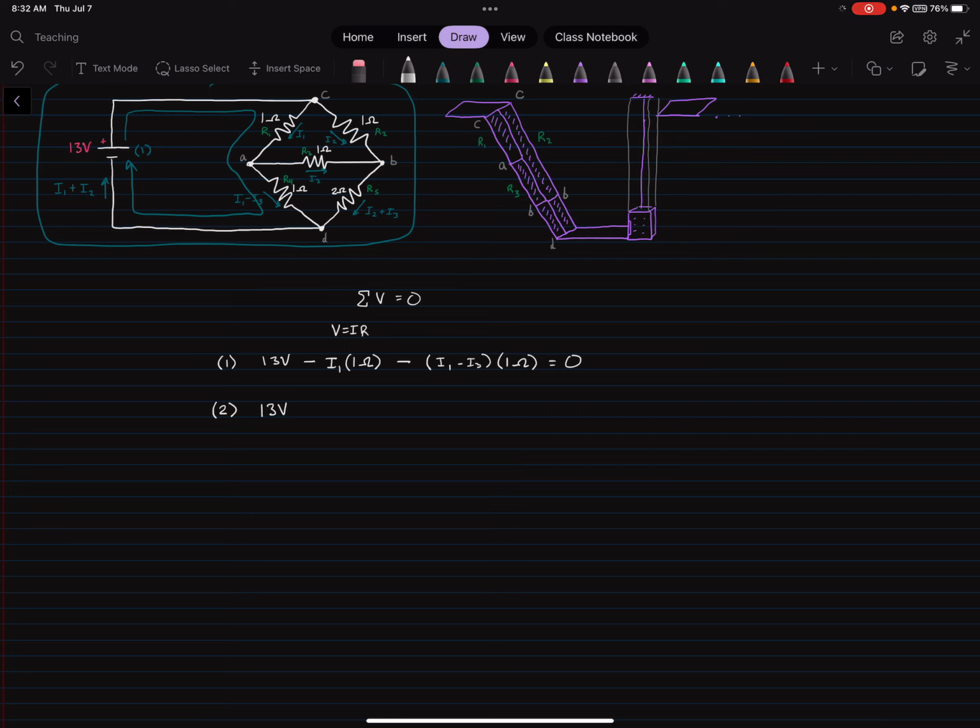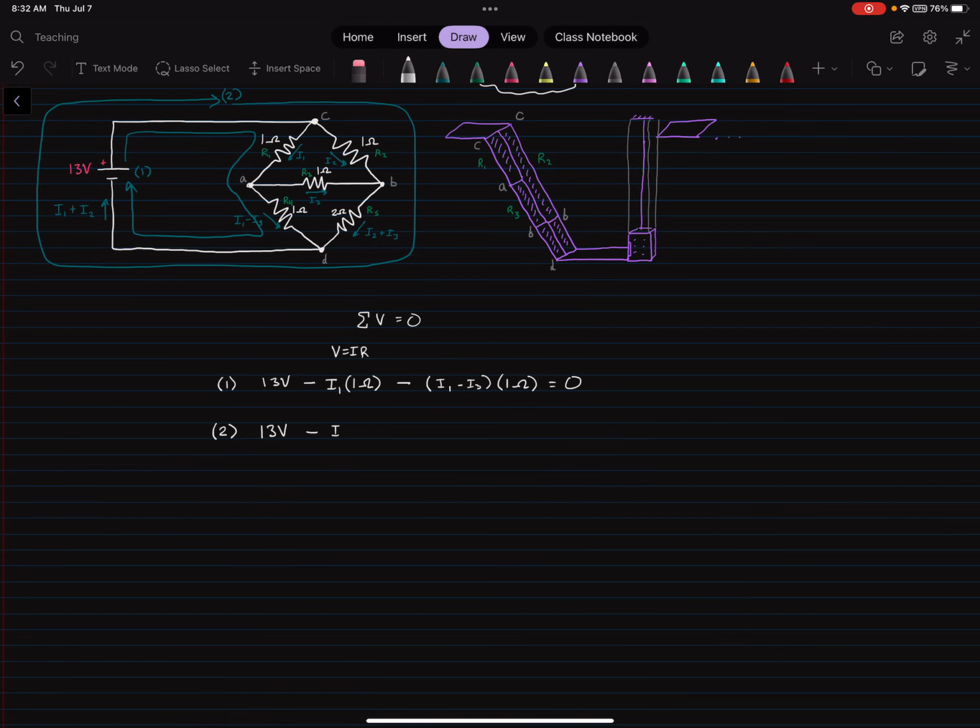We have 13 volts minus I2, here, times 1 ohm, minus, again, down here, I2 plus I3 times 2 ohms, and that must equal 0. So we skipped all of this junk here, right?